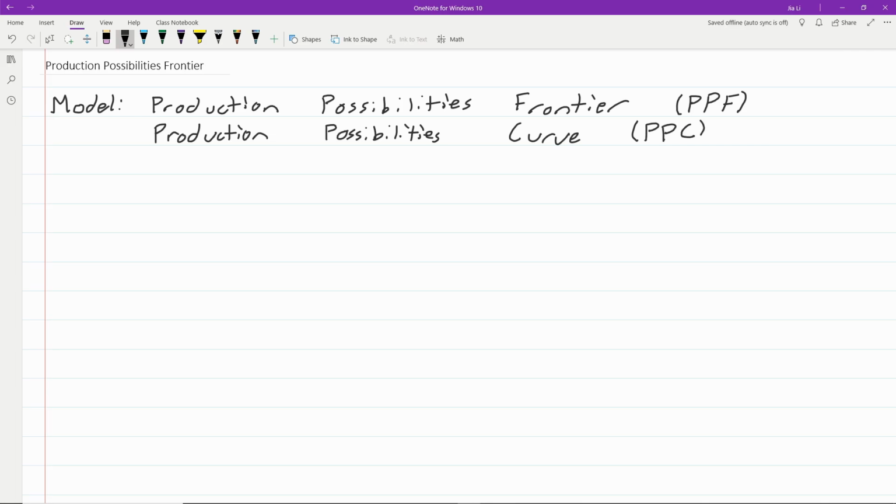It's two different terms, but they're referring to exactly the same idea. So if you have taken an econ course before and you learned about this either as the PPC or the PPF, then this might be a good chance for you to review some of that stuff that you learned before.